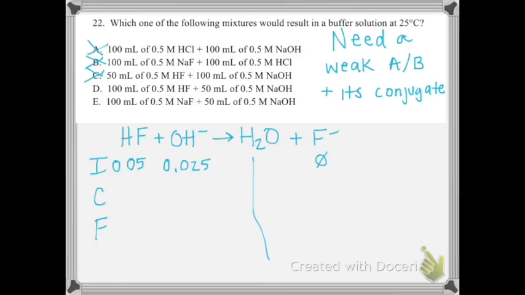And now our limiting reagent is the hydroxide. So we'll use up all of the hydroxide. It will run out first. And then we'll take that much away from the HF. And then that much will become fluoride.